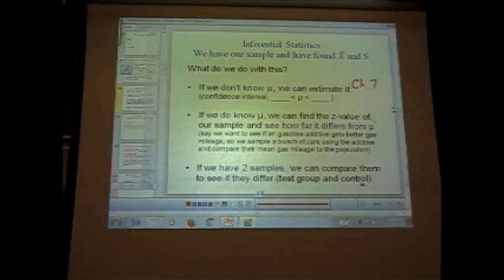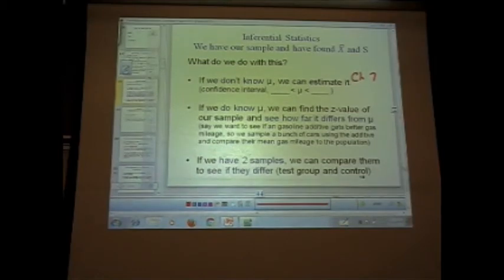Chapter 7. The next thing we can do, Simran, go ahead. If we do know mu, we can find the values of our sample and see how far it differs from mu. Right. So, yeah, keep going.